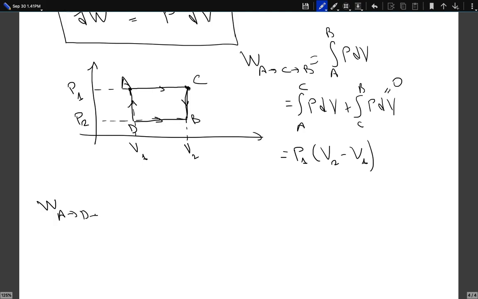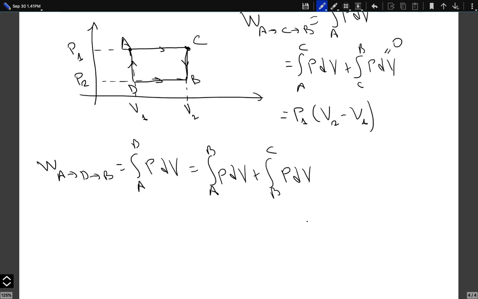The work done as I go from A to D, then to B, is again the integral of PdV from A to D plus from D to B. What is the dV at every step as I go from A to D? 0.